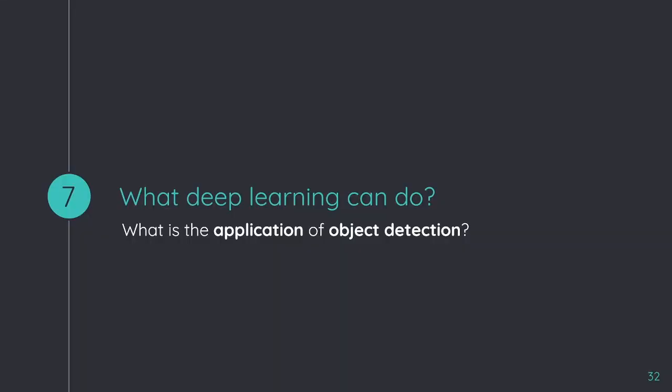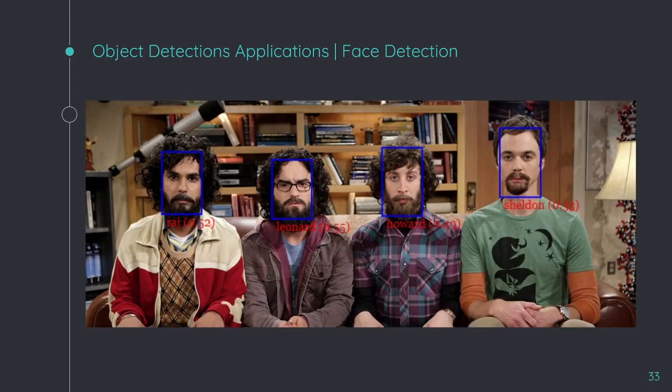So after learning about the object detection model and how it works, now we can discuss the applications of the object detection model and what the deep learning model can do. So this is some example of the object detection model applications. We can do face detection using the object detection model.